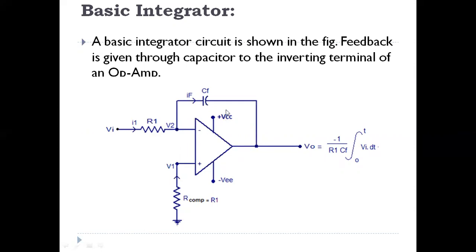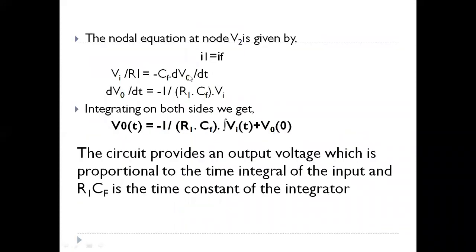What is the current across the capacitor? We already know the formula: I is equal to C dV by dt, where the voltage is the difference voltage between V2 and V0. V2 minus V0 is 0 minus V0, so minus V0.